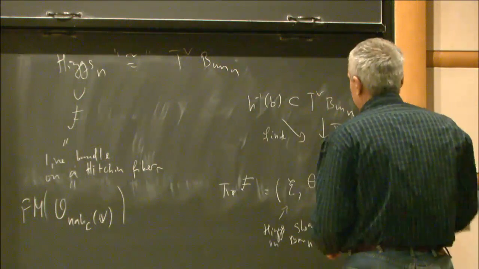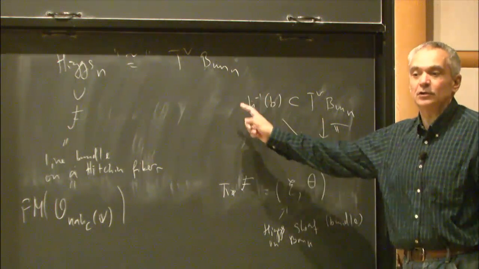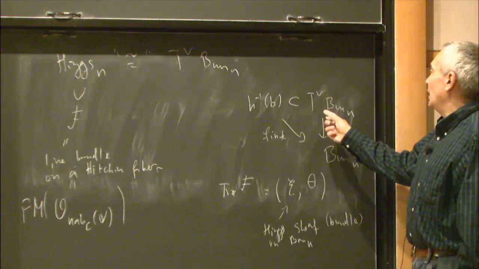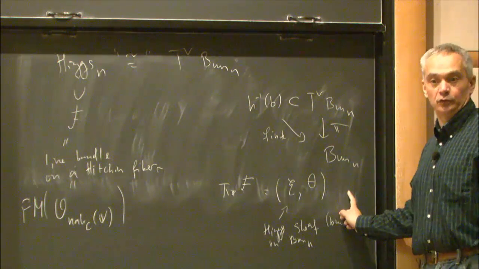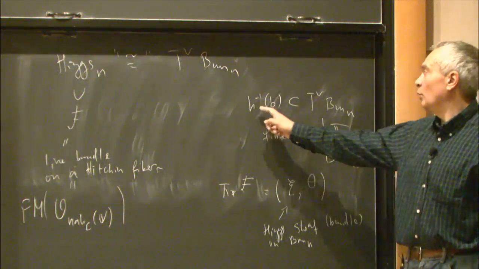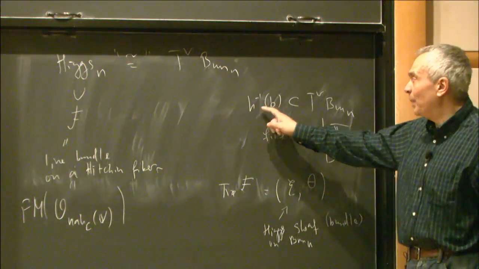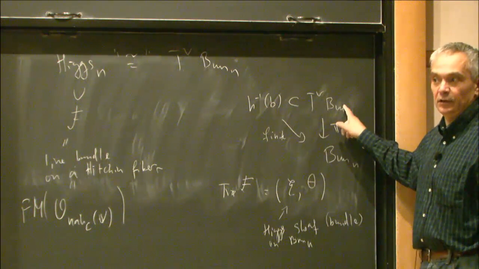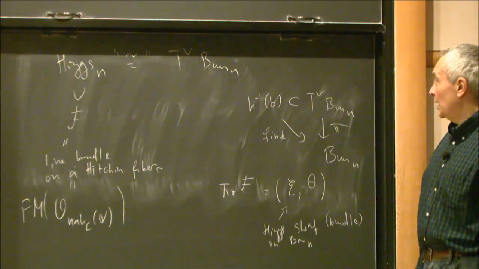And what this affects is this spectral cover, this object of the Fukaya category. You really want it in the cotangent bundle in order to construct the Higgs field, in order to run the non-abelian Hodge correspondence. So what you'll get is some open part in the spectral cover sitting in the moduli of bundles.